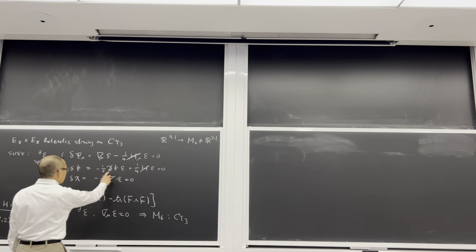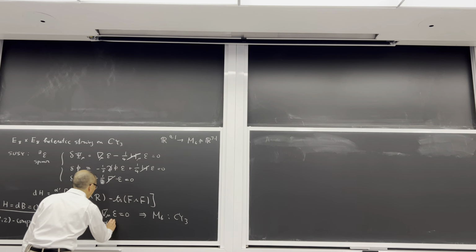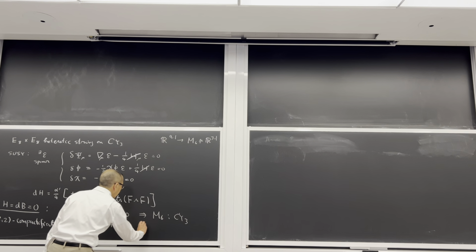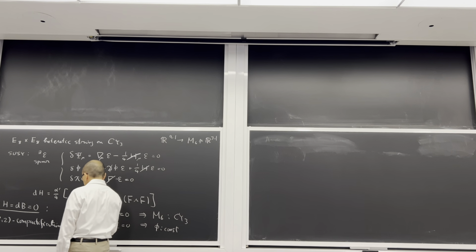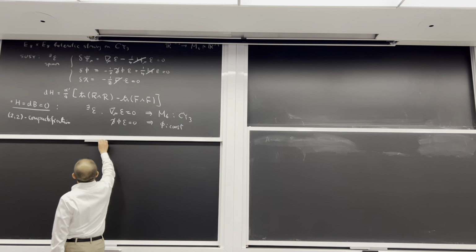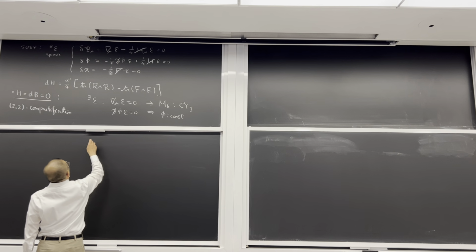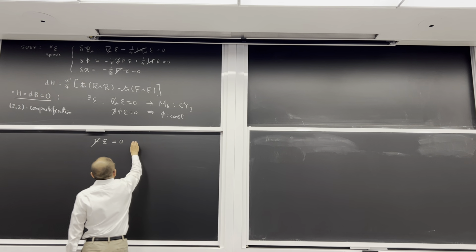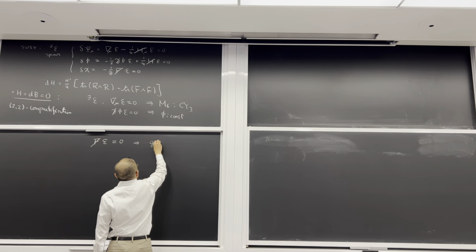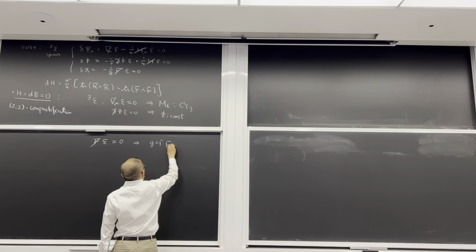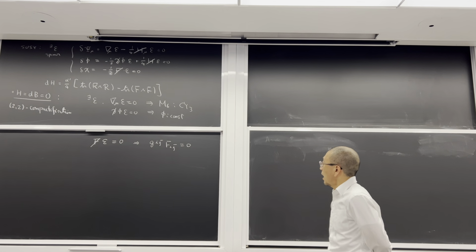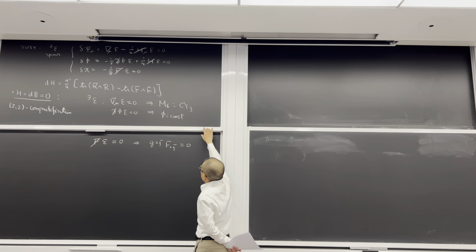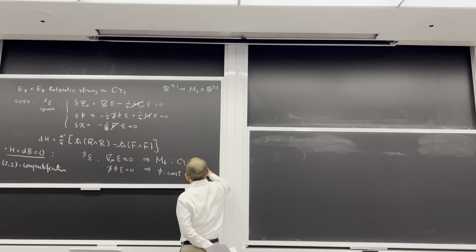And another condition is that del of phi times epsilon is equal to 0, so that means that the dilaton phi is constant. And then from the third equation, we see that F slash epsilon is equal to 0. This equation turns out to be the condition that g^(i j-bar) F_(i j-bar) is equal to 0.